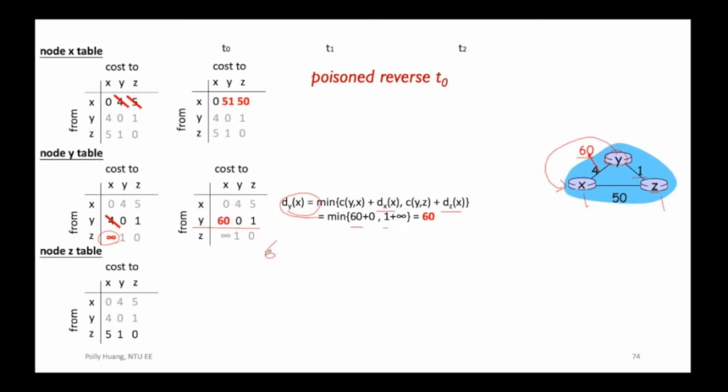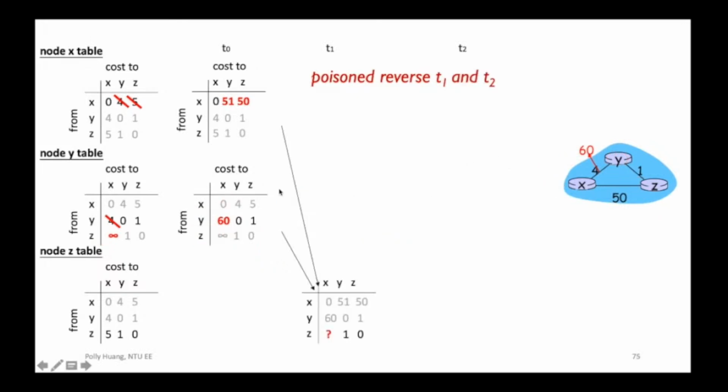Set up the table: XX is 0, ZX is infinite. So 0 here, infinite here. Comparing the two, 60 is better. Therefore, the shortest distance from Y to X is now the direct link XY.